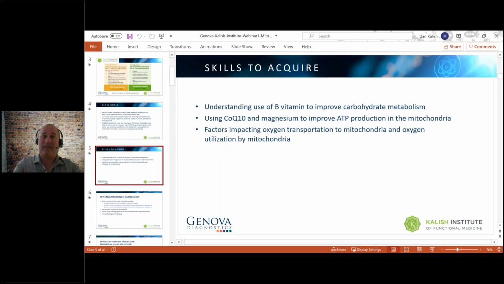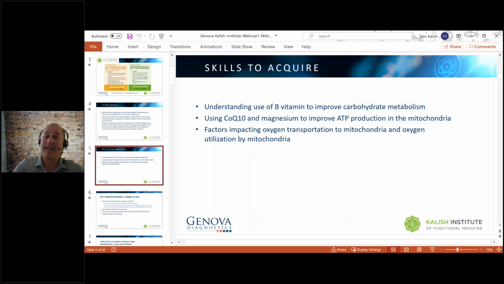And once you understand the basics of what we're talking about, the B vitamins, the carbohydrate metabolism markers, CoQ10, how magnesium works, how oxygen works, which we're going to cover today as well, then you should have some enthusiasm about making sure everyone does these tests. So we want to keep it simple and have an overview of why B vitamins are important and what they actually do in carbohydrate metabolism.